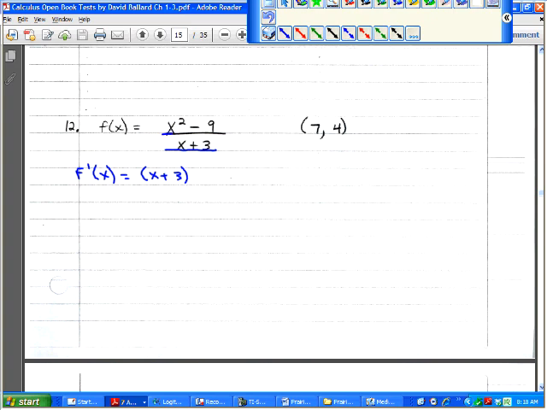Okay, so we got denominator times derivative of numerator, which would be 2x, and then minus the numerator times derivative of the denominator, 1, all over denominator squared.